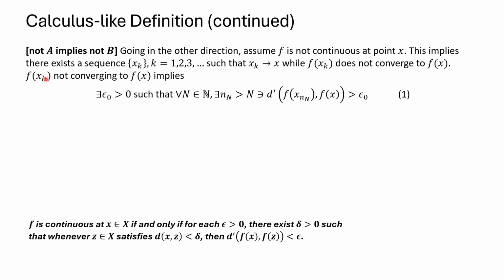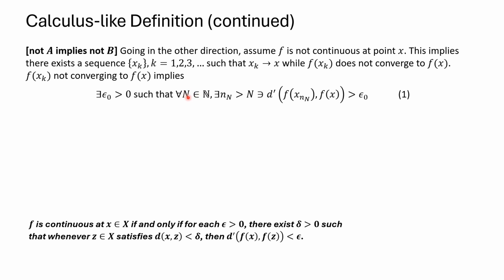So f of x sub k not converging to f of x implies there's some epsilon sub 0 greater than 0, such that for every natural number, there exists some number greater than that natural number.